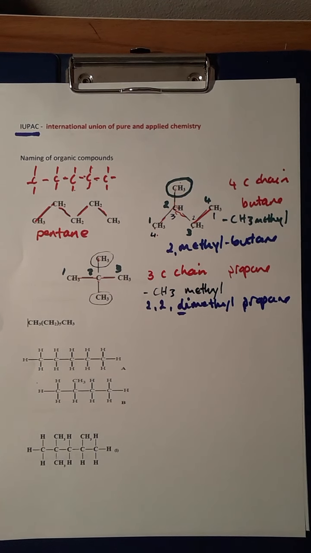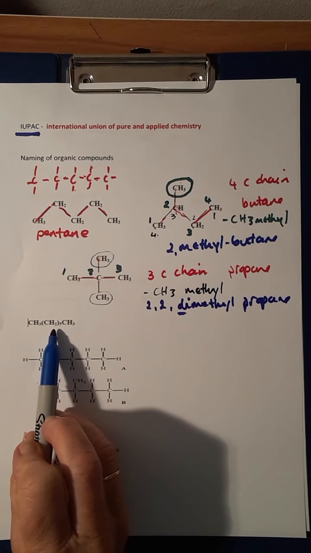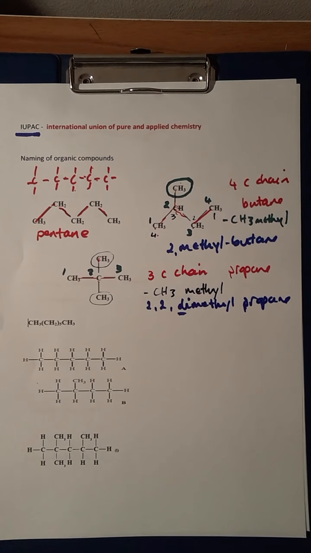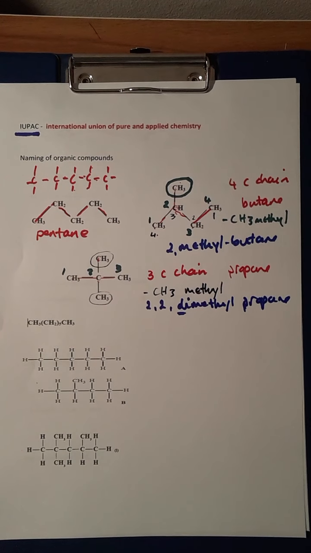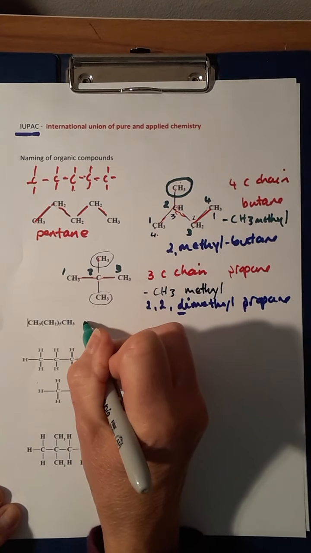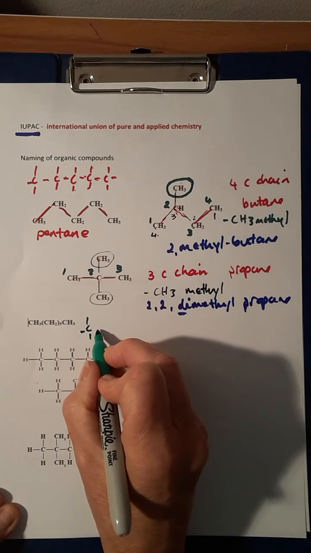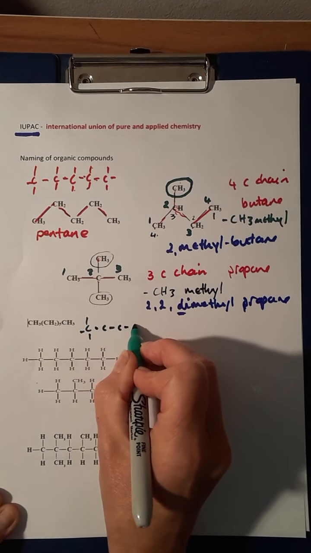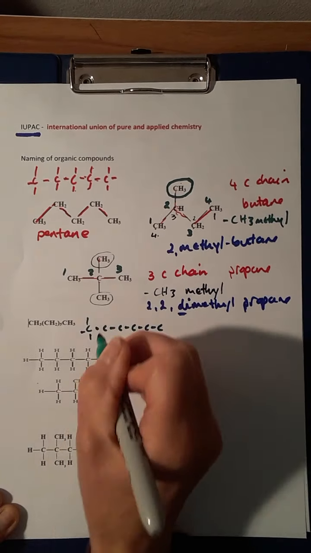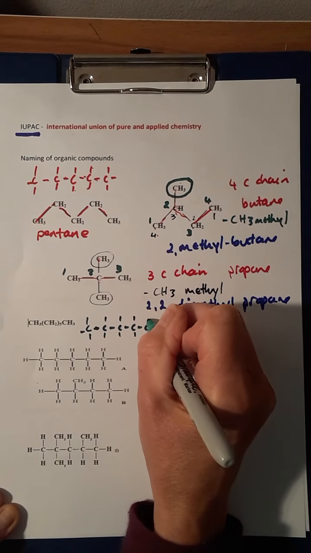Right, let's look at this one. Here, CH3, then it's got CH2 in brackets 5 times and CH3. So let's draw that out properly to see what's happening. So we've got CH3, then I've got 5 CH2 groups attached: 1, 2, 3, 4, 5. Again around each carbon there has to be 4 bonds.